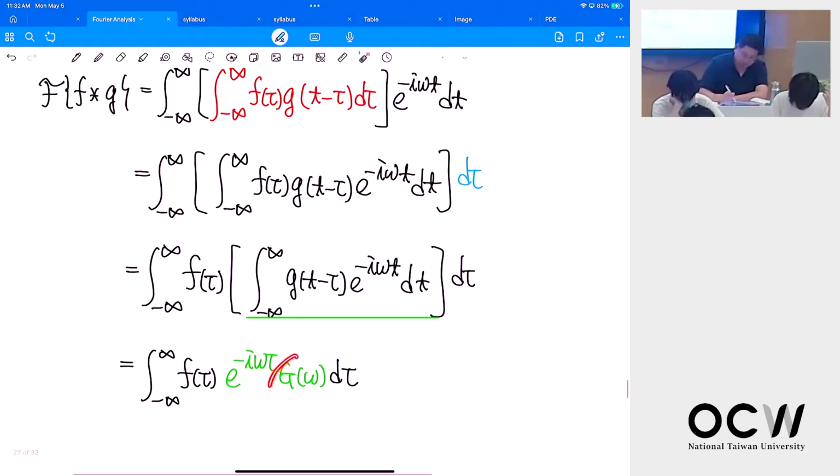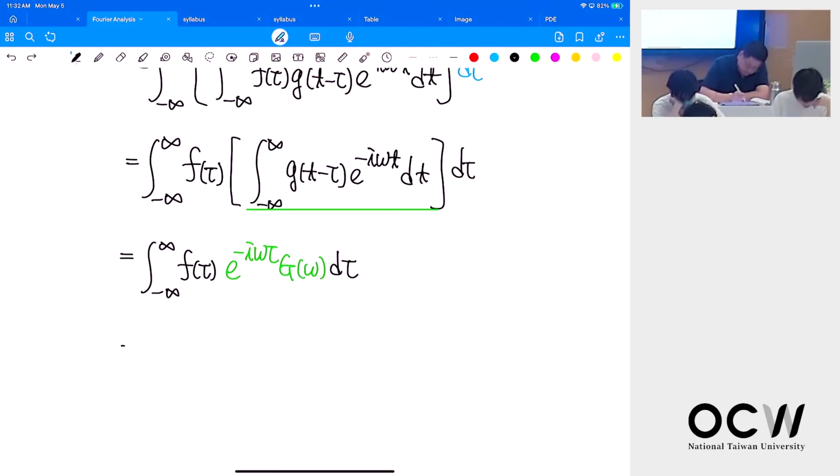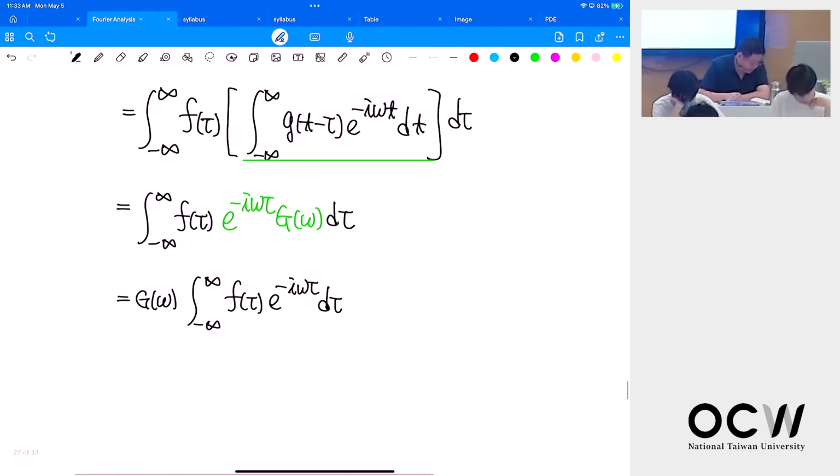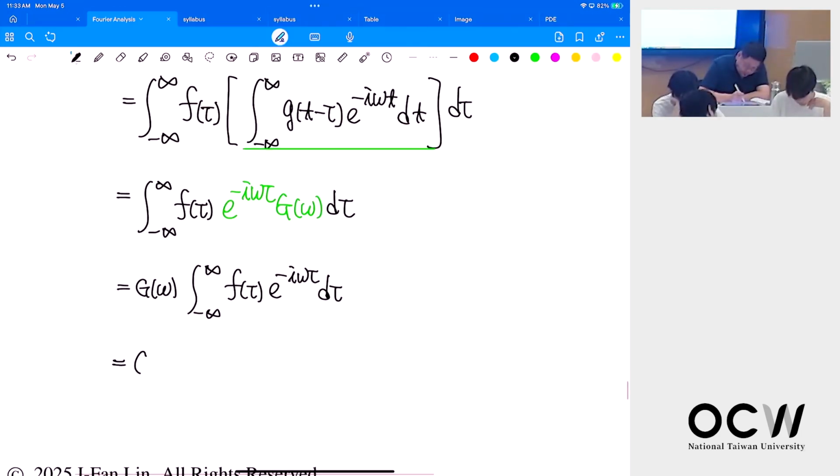So I can put g of omega outside. f of tau e to the minus i omega tau d tau. And what is this integration? That is the Fourier transform. So we have g times f.